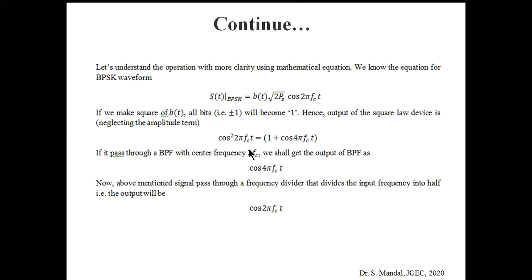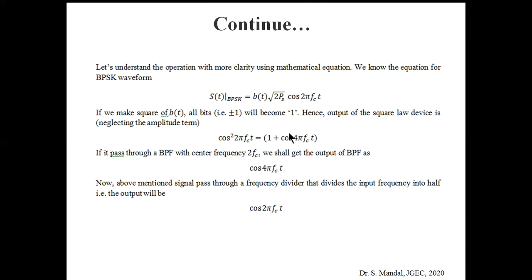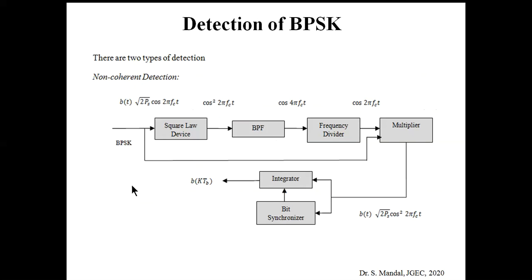Now if this signal passes through a band pass filter which has center frequency of 2 fc, obviously it will pass the cos 4 pi fc term. Okay, so next this signal is passing through a frequency divider. As the name suggests, it divides the incoming frequency by half. So the incoming frequency is cos 4 pi fc and the corresponding output of the frequency divider is cos 2 pi fc.